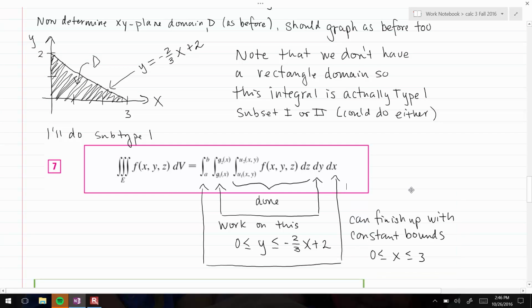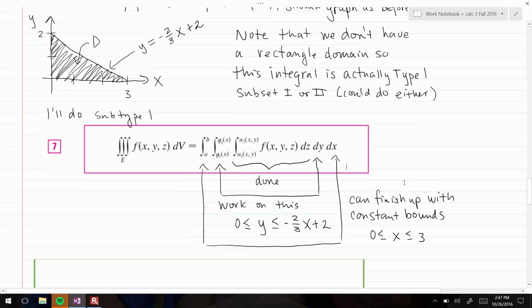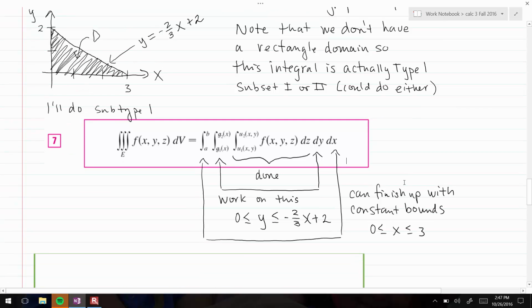So now we're on the easiest layer, which is we're just going to have numbers now in terms of our misfit x that didn't have special attention. And we just look at the extent of x. So it goes from 0 to 3. Those are going to be the numbers that we put in next to the integral having to do with x. So we worked all that out, and that was a lot of work.